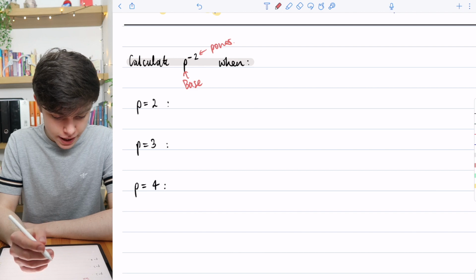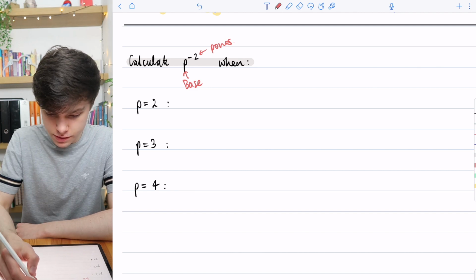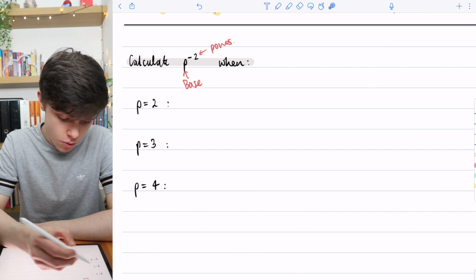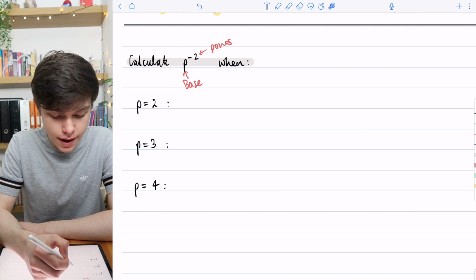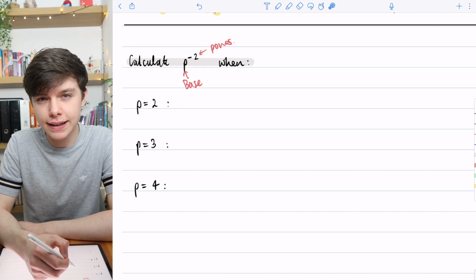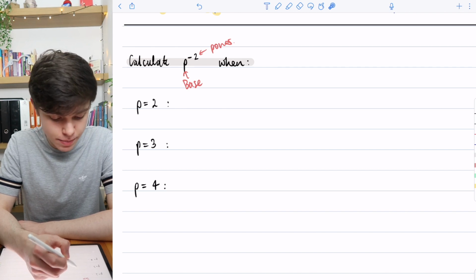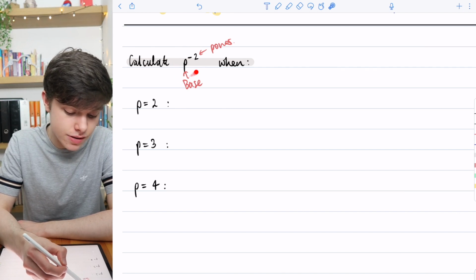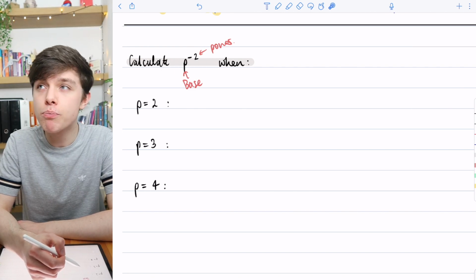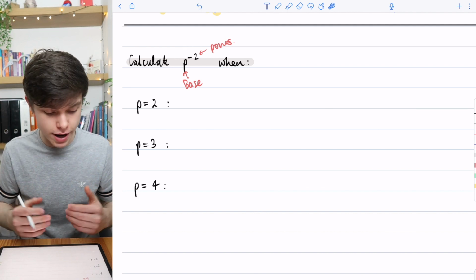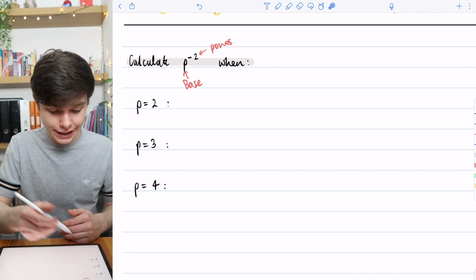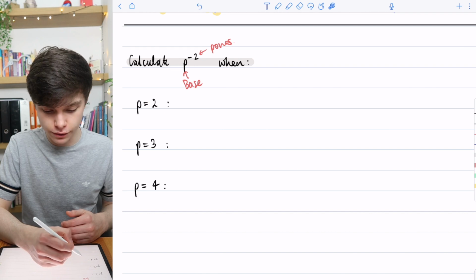So what we need to do is substitute p as 2, p as 3 and p as 4 and work out what we get. And this example is a little bit more real life, if you like, because in exams, yes, you might be asked to simplify this. At A-level, it probably won't be a single question. It will be in a big question, but you are more likely to have actual numbers involved.